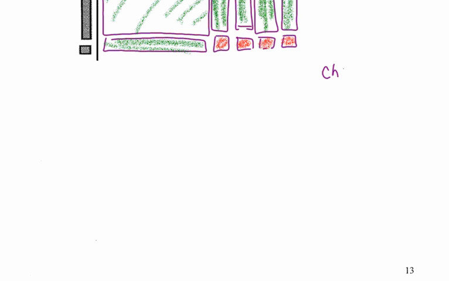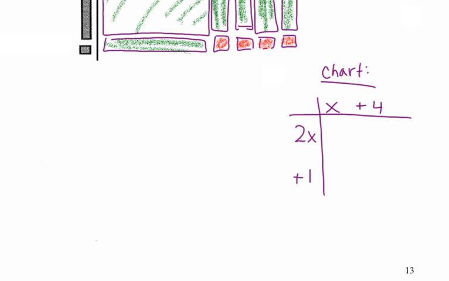Using a chart. So we had x plus 4 and 2x plus 1. So let's multiply. 2x times x gives 2x squared, which is what we had.